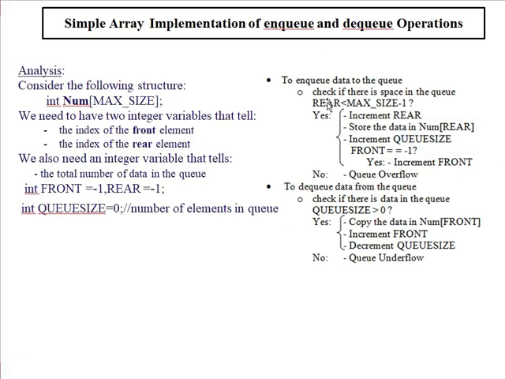If this condition is false, then the QE is overflow during the enqueue operation. If the rear is not less than the maximum size -1, that means the QE is already in queue overflow state.